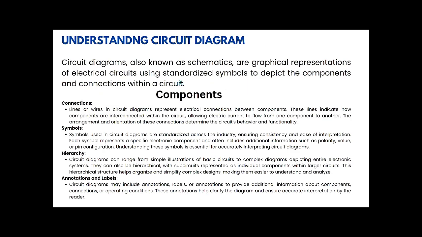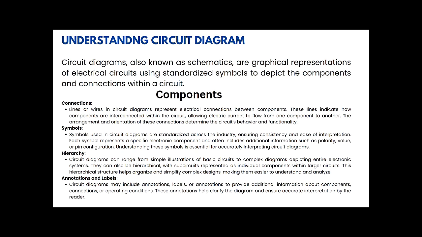So the next thing we are going to move on to is understanding circuit diagrams. A circuit diagram can also be called a schematic diagram, which is a graphical representation of an electric circuit using symbols to depict each of the components and how they are connected within the circuit.